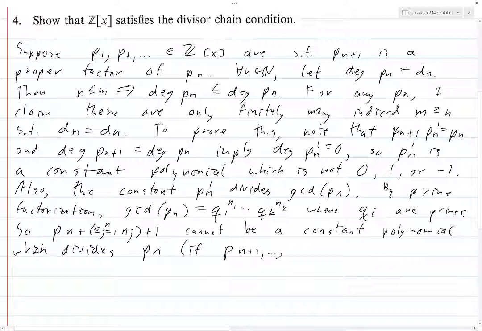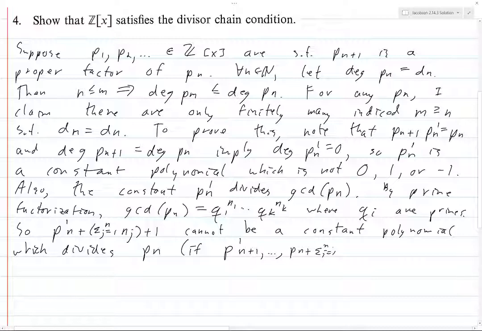So this thing, this divisor of Pn plus the sum plus 1 cannot be a constant polynomial which divides Pn if Pn plus 1 prime through Pn plus sum from j equals 1 to n and j prime are constant.